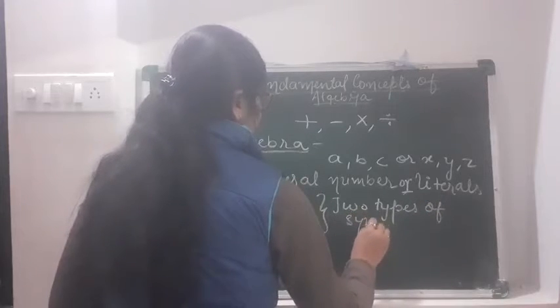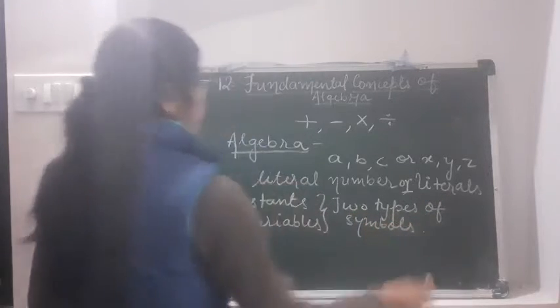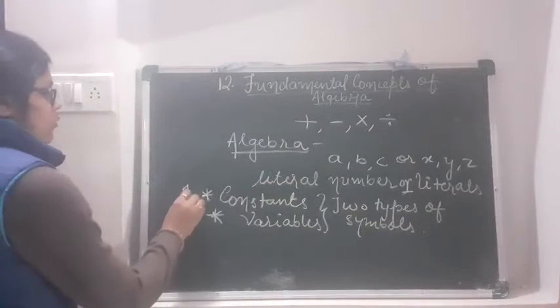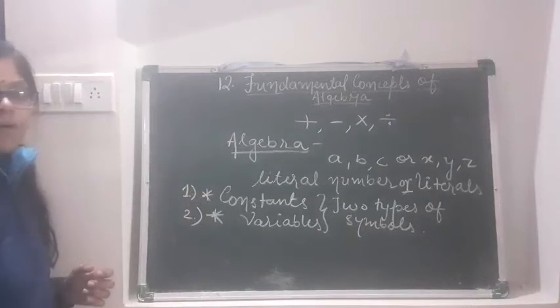Two types of symbols are used in algebra. The first one is constant and the second one is variable.